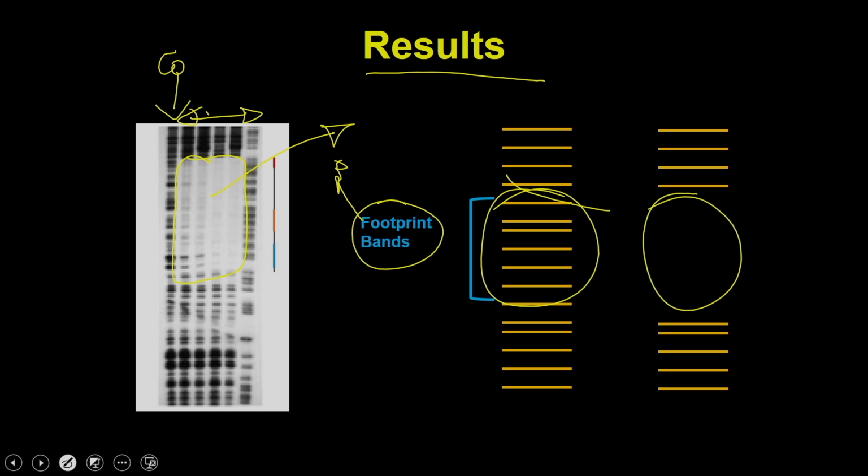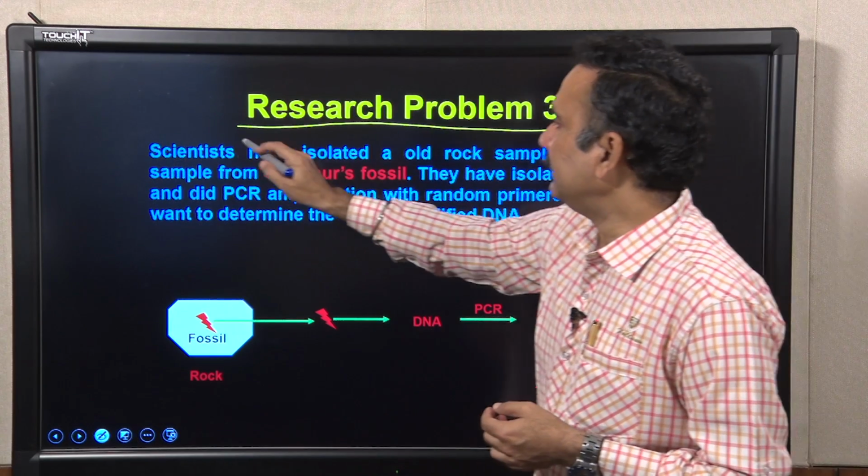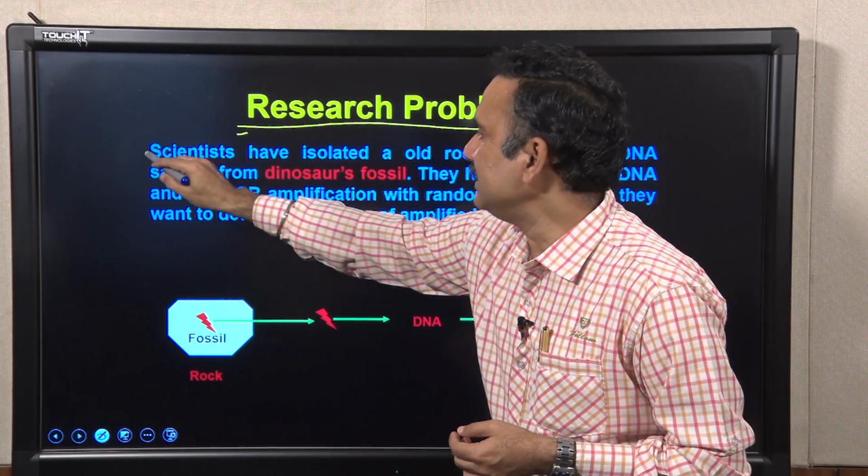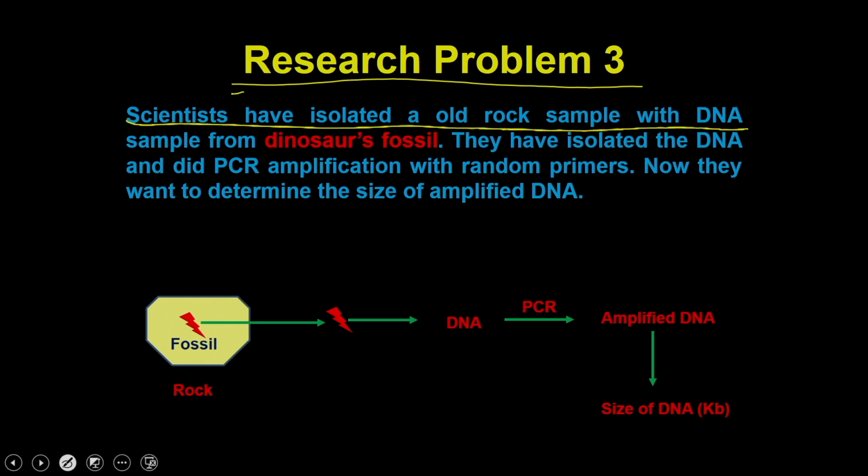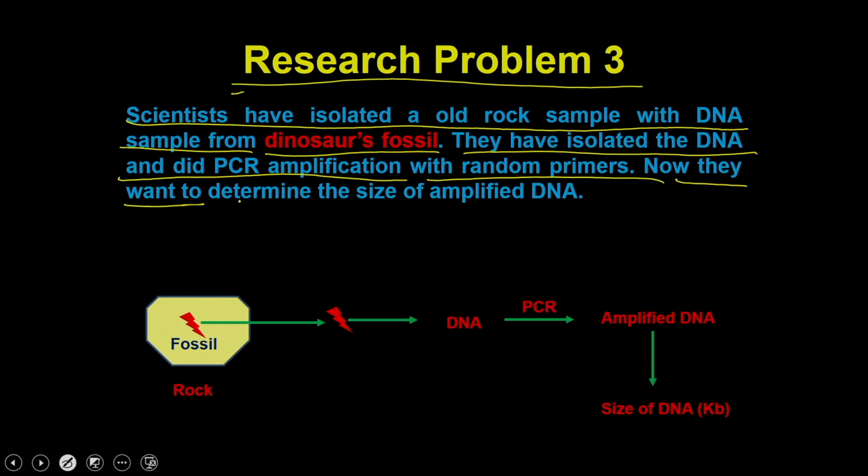So, the next problem is that scientists have isolated an old rock sample with DNA from a dinosaur fossil. They have isolated the DNA and did the PCR amplification with random primers. Now, they want to determine the size of the amplified DNA.